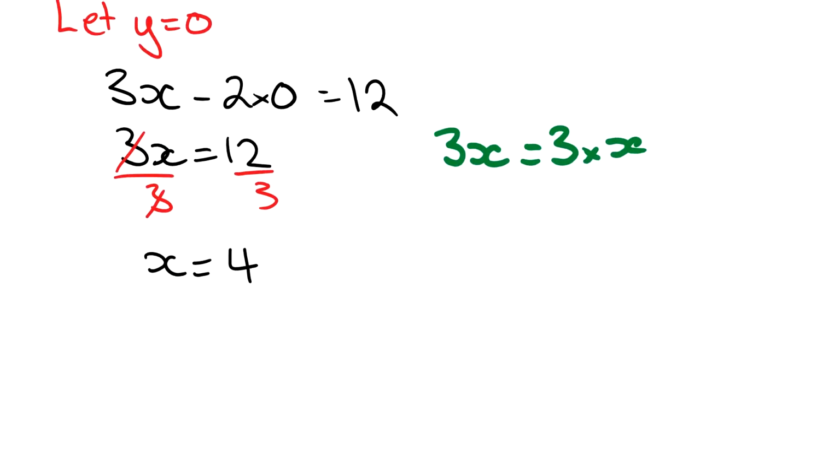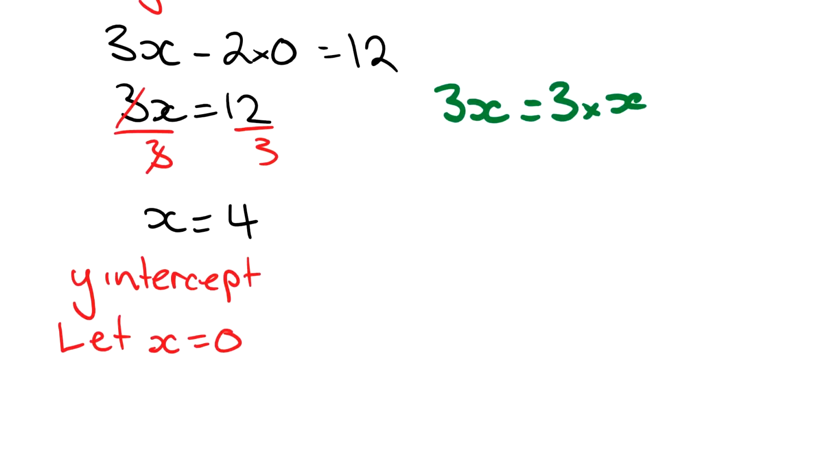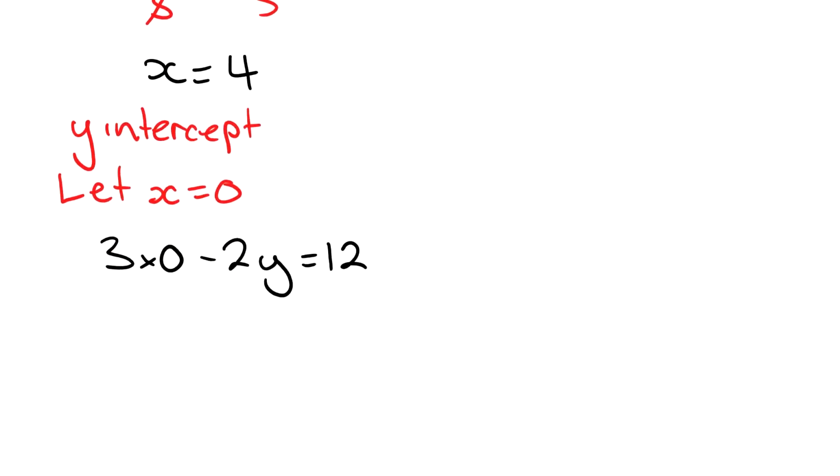Now I'll do the same thing for the y-intercept, and I know that occurs when x is 0. So this time it's 3 times 0 take away 2y equals 12. I know that 3 times 0 is 0, so negative 2y equals 12.